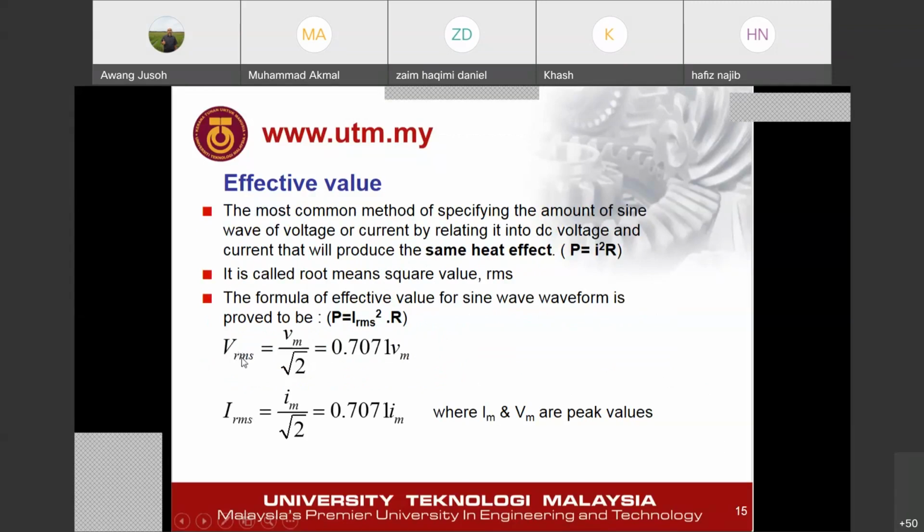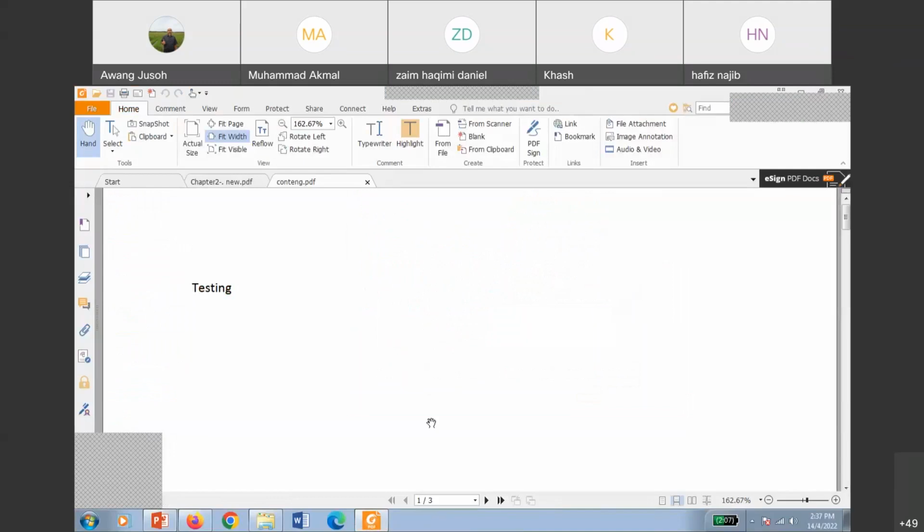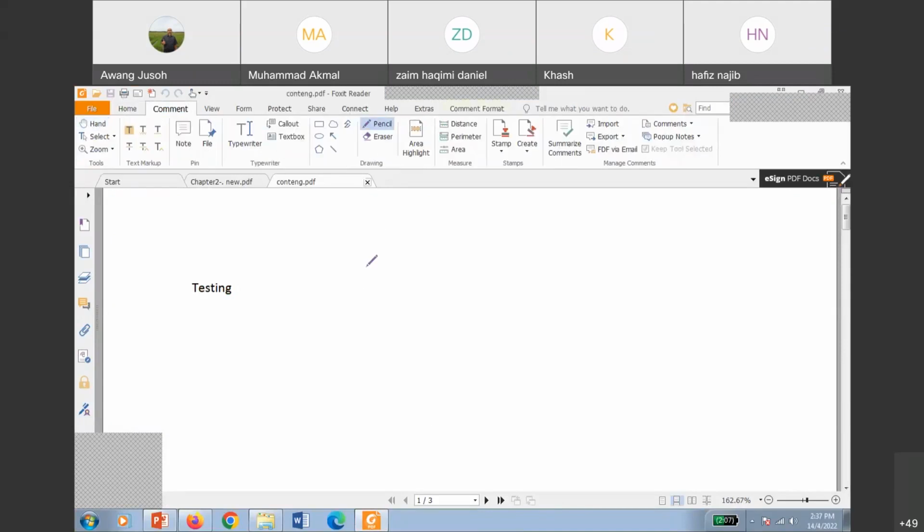RMS is effective value. RMS stands for root mean square. If you want to see the formula for root mean square, I can share it here. Maybe some of you are asking what is RMS?